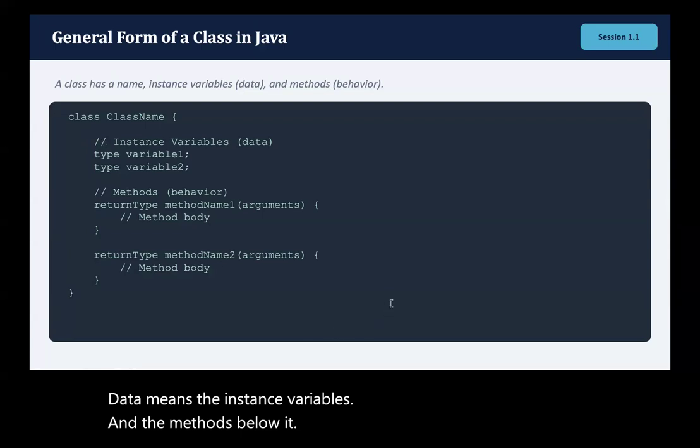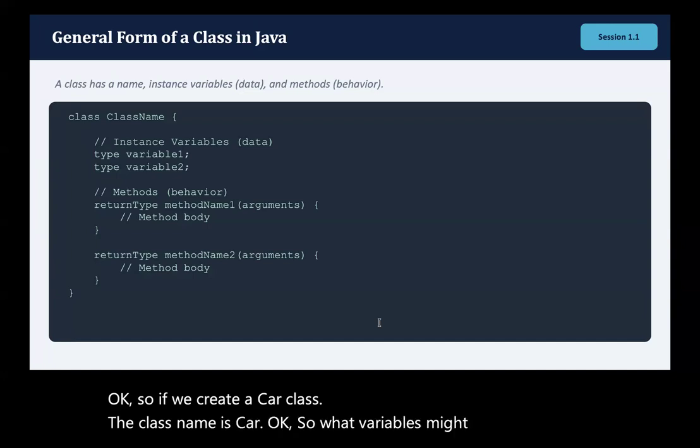If we create a car class, the class name is car. What variables might it have and what methods might it perform?